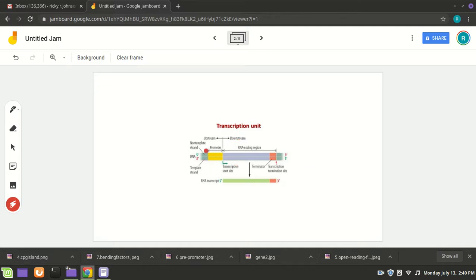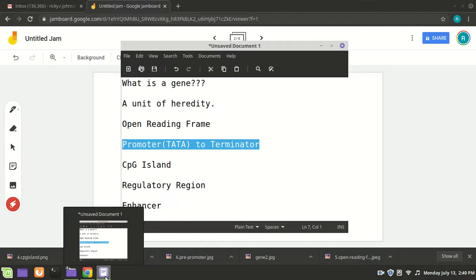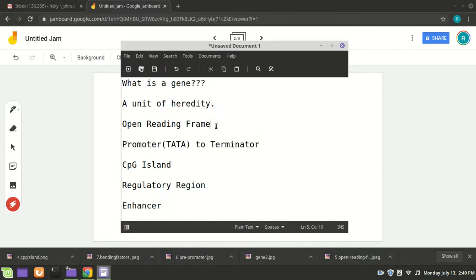So this is what for the most part has been considered a gene, and in many cases this is still what's considered a gene in most textbooks, but we're finding that there's way more to it than that, and probably this definition is going to have to change. Now, in what ways is this going to have to change? Well, we're going to look at these other parts. We know what the open reading frame is.